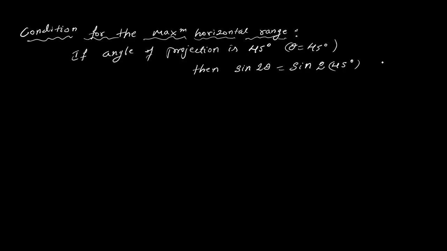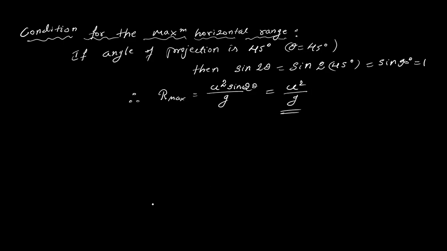So sine 90 degree is 1. Therefore, the maximum horizontal range, look at the formula, u square sine 2 theta divided by g. So it becomes u square by g. So for the maximum range, sine 2 theta will become 1. You get the formula u square by g.